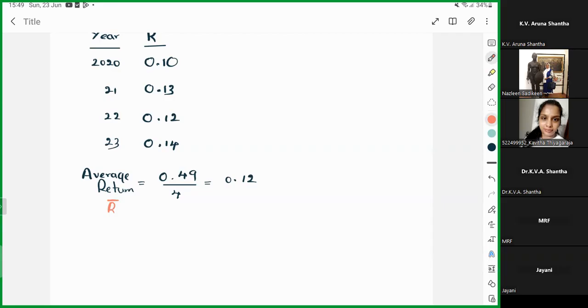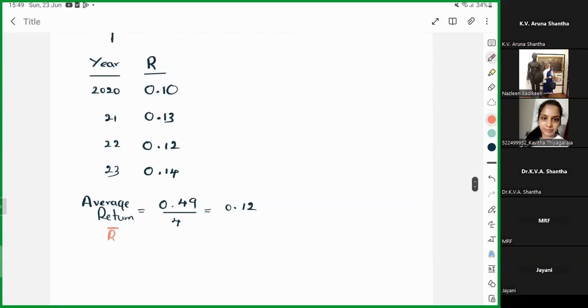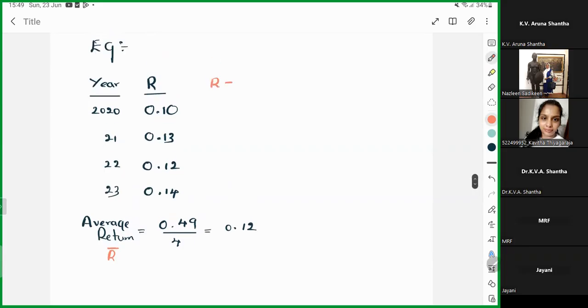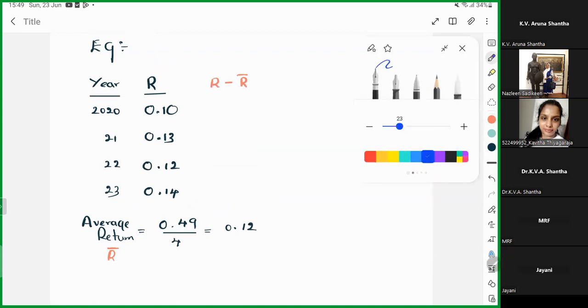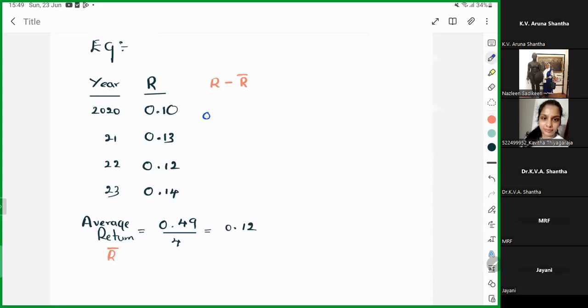Right. So you have to get the average return. Then from each R, deduct the average return. So in 2020, return is 10%, average return 0.12. How much? Minus 0.02.